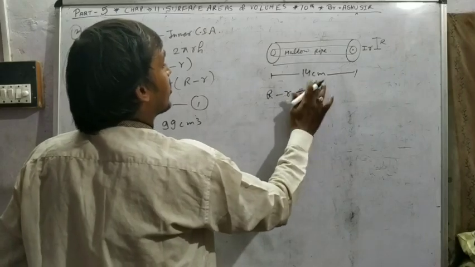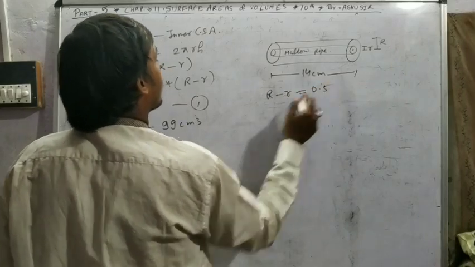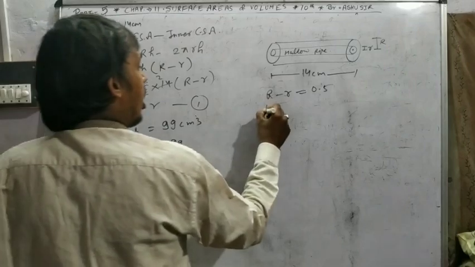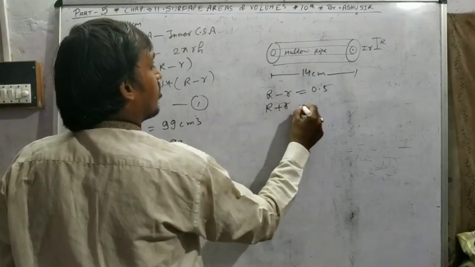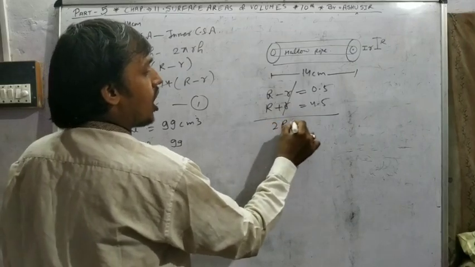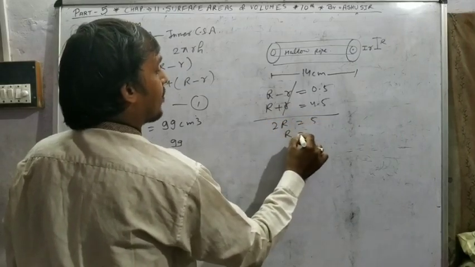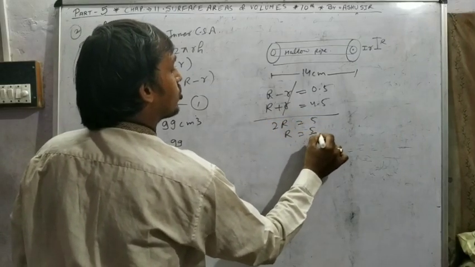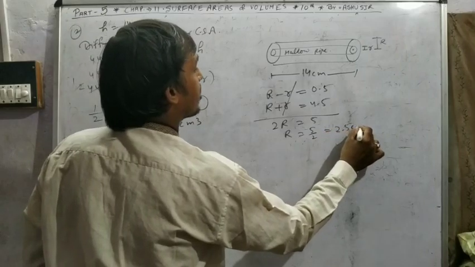R minus r is 0.5. R plus r is 4.5. Cut. 2R is 5, capital R is 5 by 2, 2.5 centimeter.